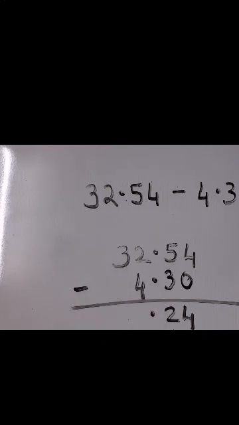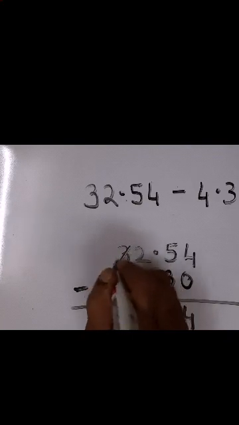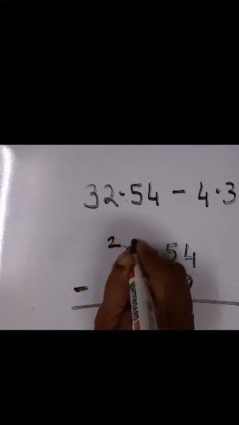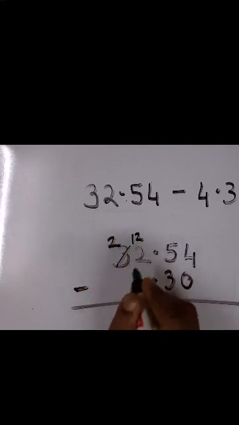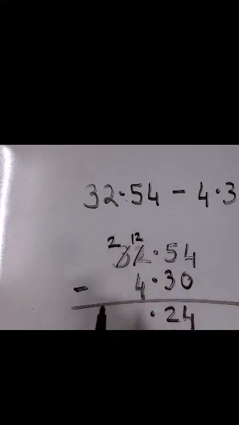Now, can you do 2 minus 4? No. So I borrow from here, and here remains 2, and this number changes to 12, right? Because you put here 1, right? Now 12, subtract 4.